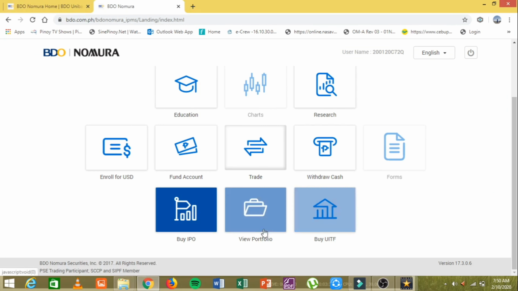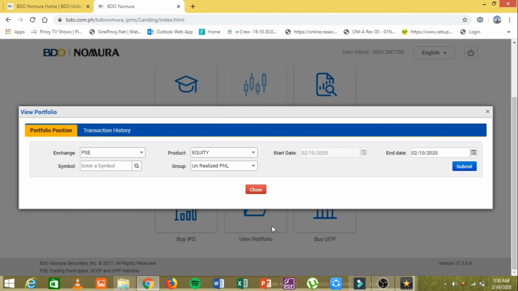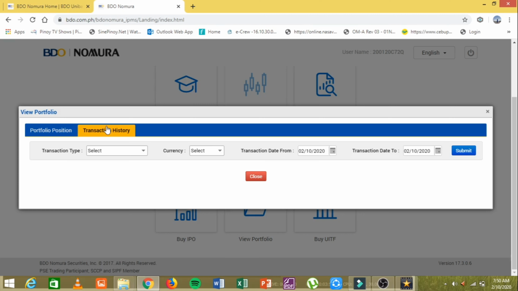And okay, view portfolio. View portfolio is simply your transaction history about the stocks that you bought, the stocks that you sold, as well as the official receipt and the statements of account.